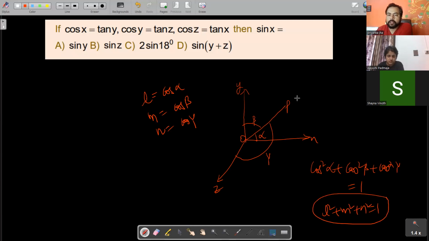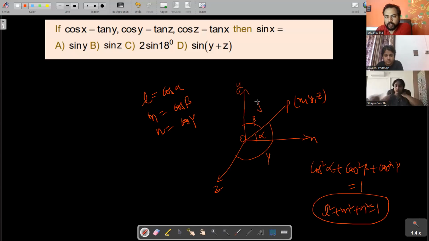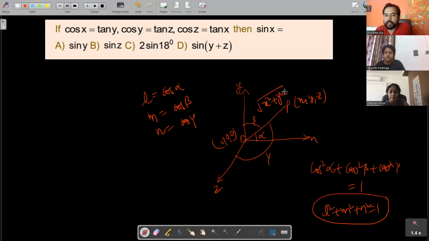Okay, suppose this is a space. In this space, you take a point whose coordinates are x, y, z, and its distance from the origin 0, 0, 0 would be, by the distance formula, the square root of x minus 0 whole square plus y minus 0 whole square plus z minus 0 whole square.